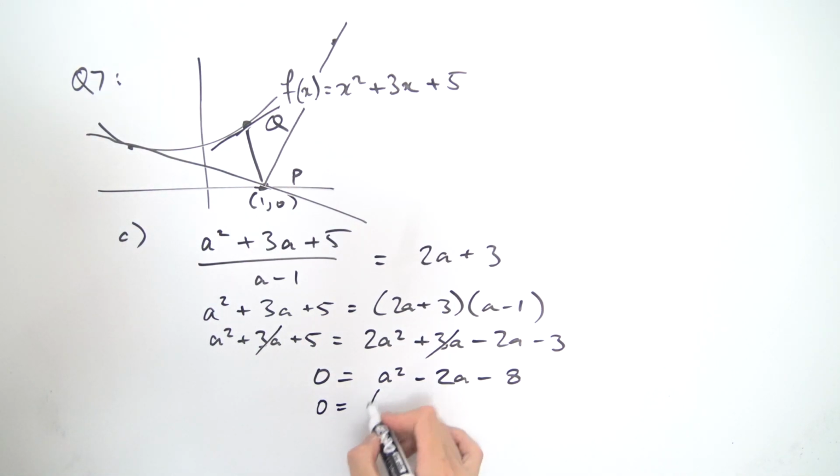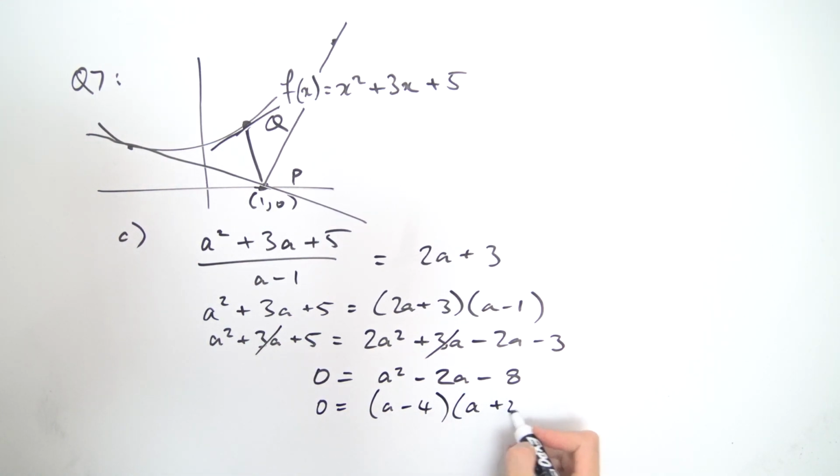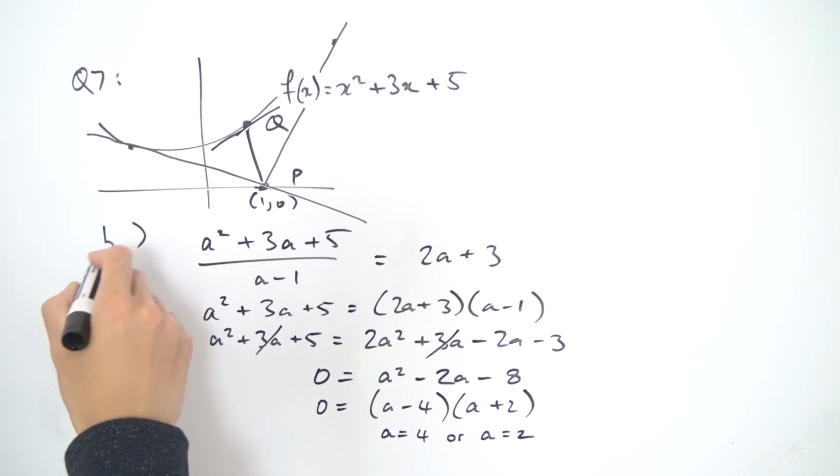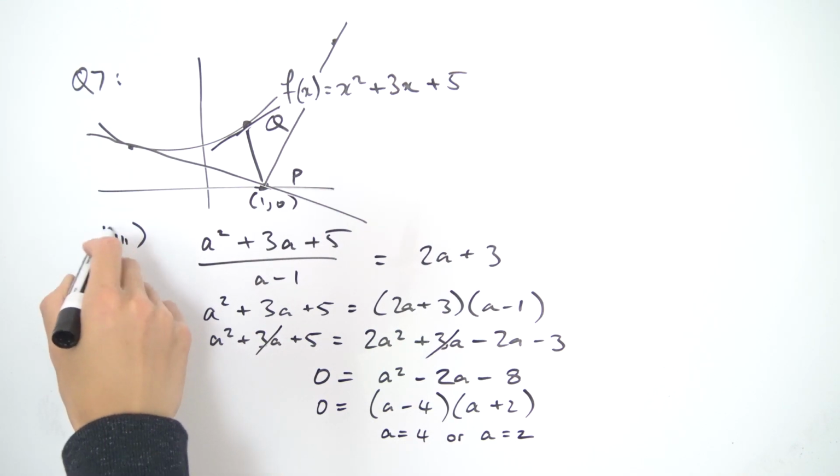So if you have a minus 4 and a plus 2, minus 4 times 2 is minus 8, and minus 4 plus 2 is also equal to minus 2, so this factorization works. And you get that a is equal to 4, or a is equal to minus 2, and that's the answer to this question. In fact, this wasn't even part C, this was part B triple I, like so.